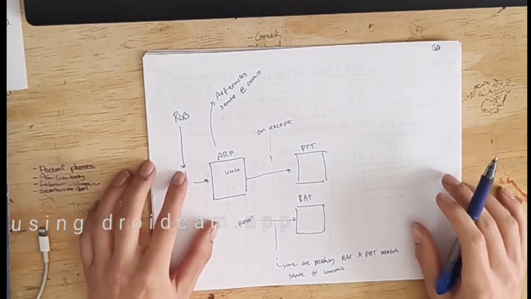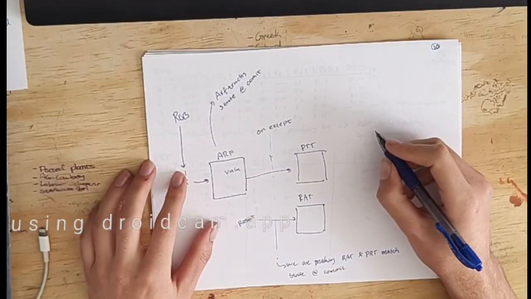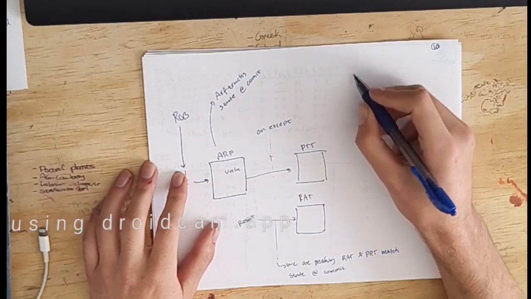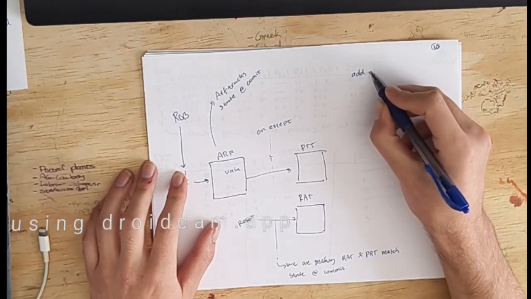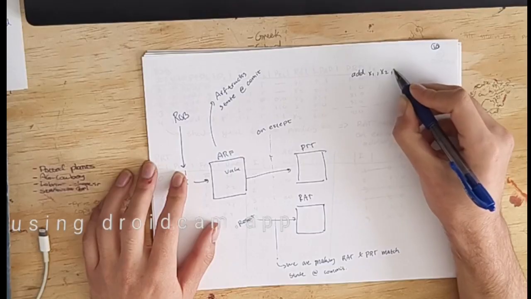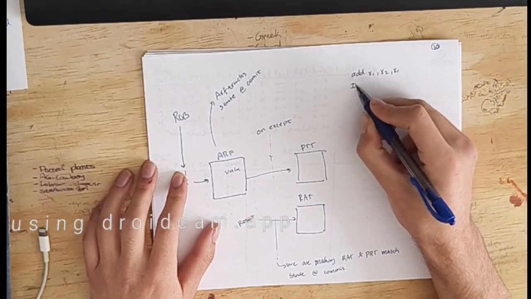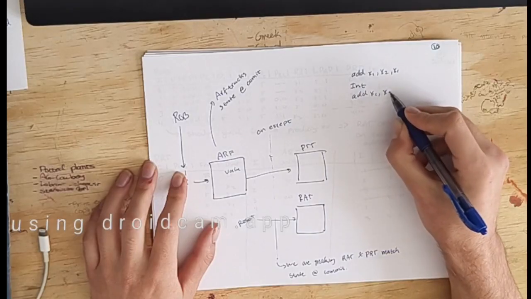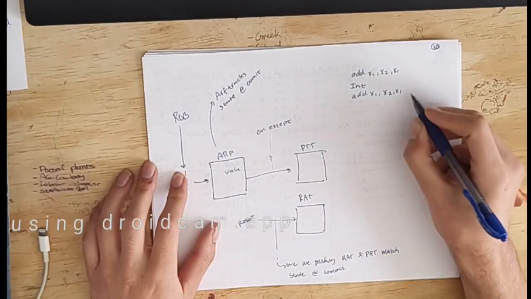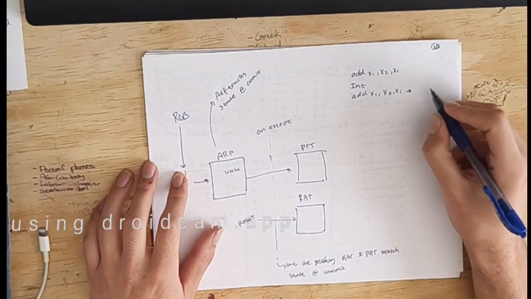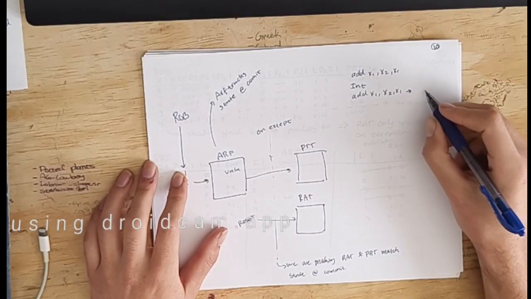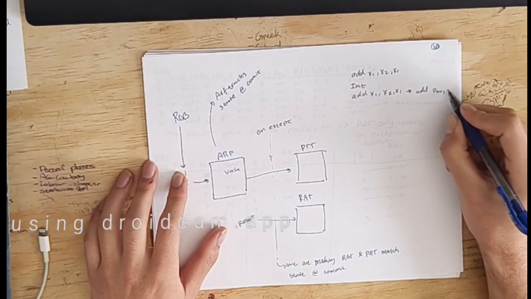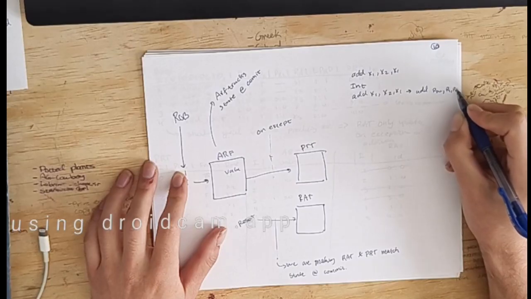So the problem that we're running into is that, let's say we have some instruction like add x1, x2, x1, and then we have an interrupt, right? And then we have add x1, x2, x1, right? This is going to be like add P20, P5, P10, right?